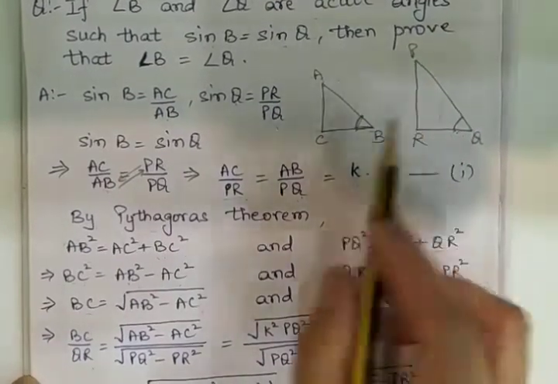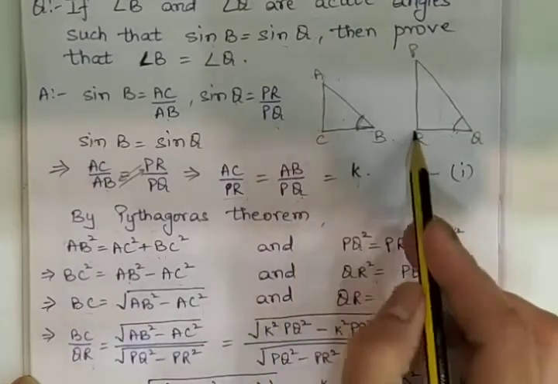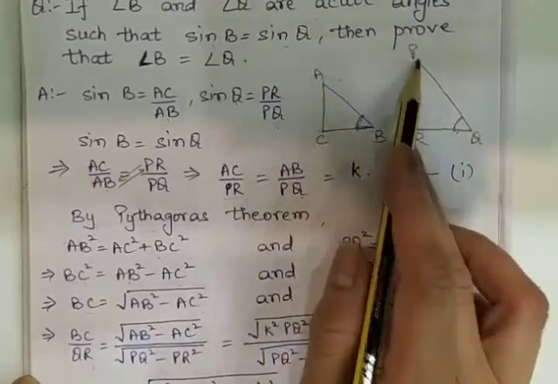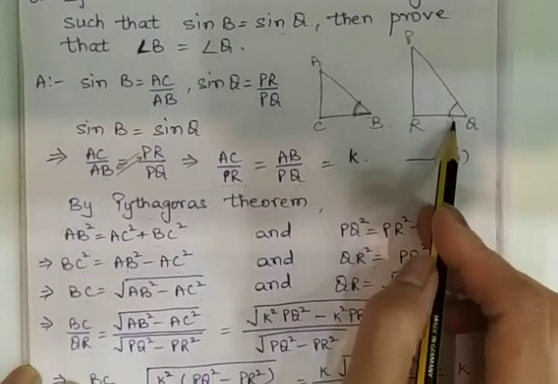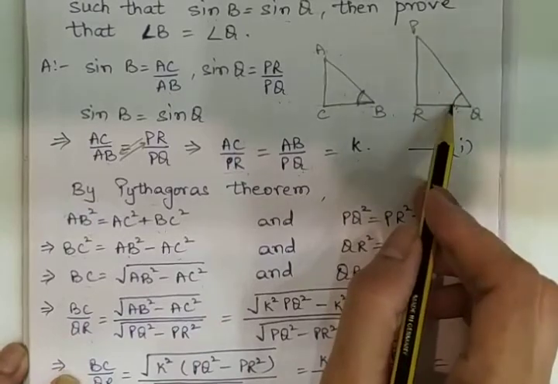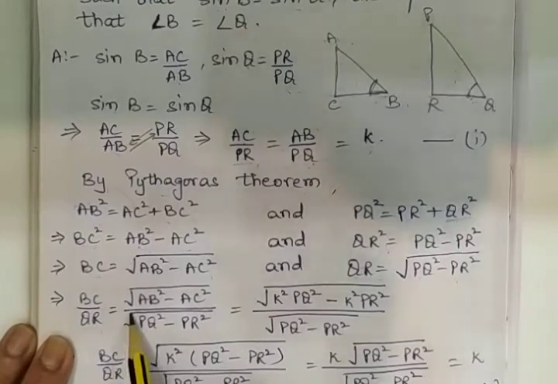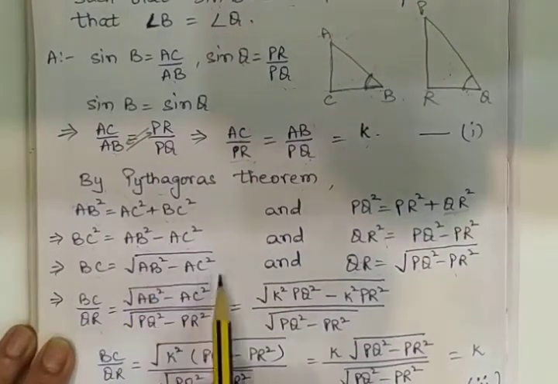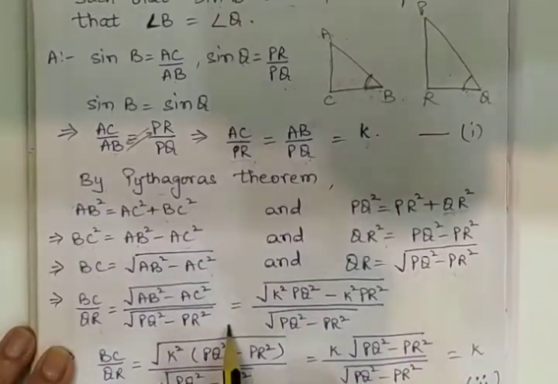So in the ratio of corresponding sides, two sides are done, like AC upon PR is equal to AB upon PQ. The third side is left. That's why we are calculating the ratio of the third sides to prove that the triangles are similar. So the ratio of the third side, BC upon QR, is equal to root of AB square minus AC square upon root of PQ square minus PR square.